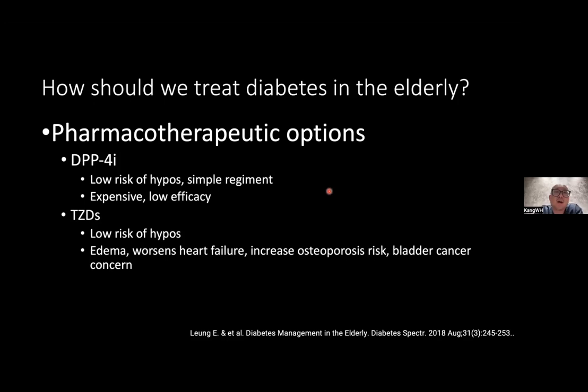So this is how inefficacious DPP-4 is. But if you have nothing else to use, this is a good option, or if the patient is compliant to it. But the cost is another issue. It's not really that cheap compared to metformin or sulfonylureas.